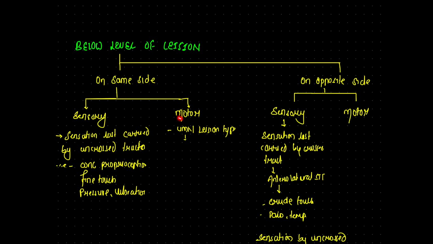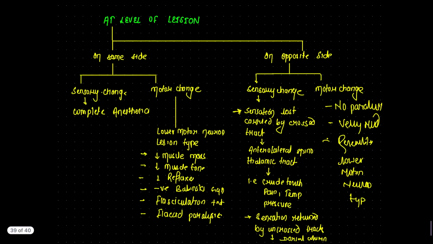Now talking about the motor lesion. If there is injury in this place, then for this lesion, the upper part which is damaged is considered as upper motor neuron.